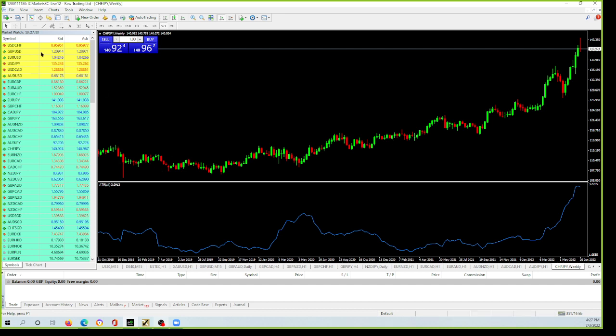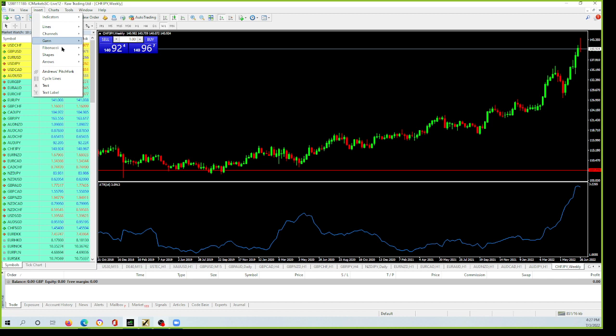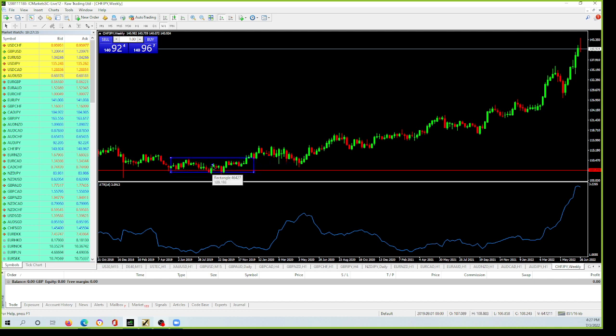All right, I can manually draw trend lines here. I can put the breakout box here to see what I am doing. These are consolidation phases, and I can just duplicate this, take one of them out.